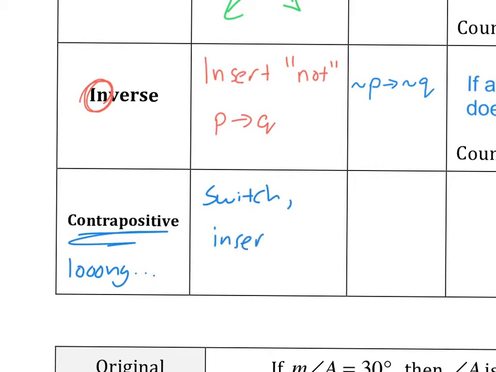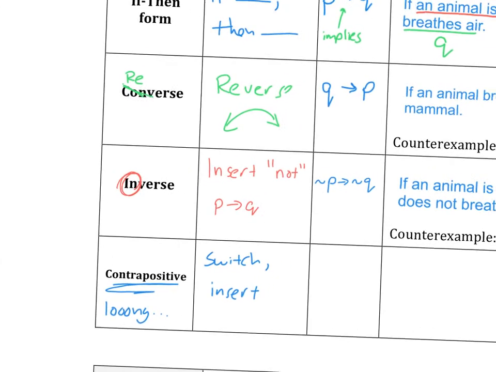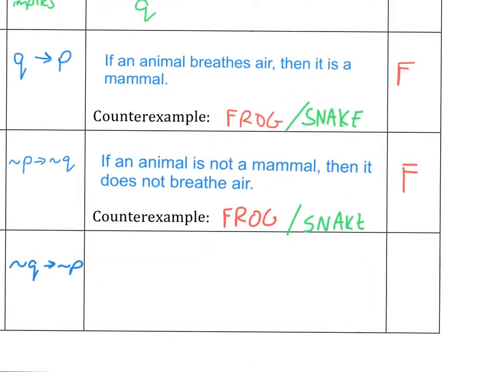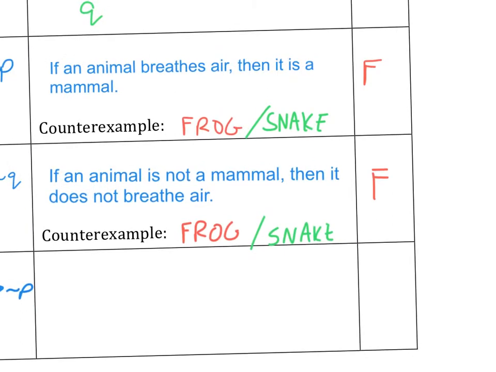In other words, logically or structurally, we're going to take the converse of the inverse, or the inverse of the converse. So I say, if not Q, then not P. So all I have to do is take the inverse of this converse or the converse of this inverse. Doesn't matter.